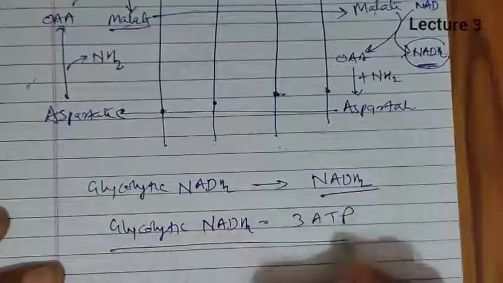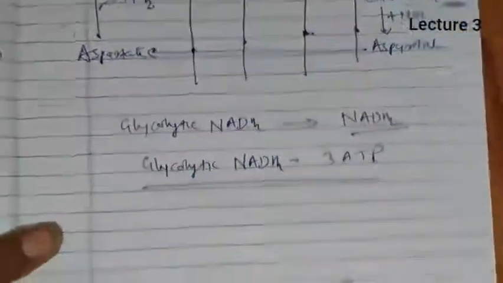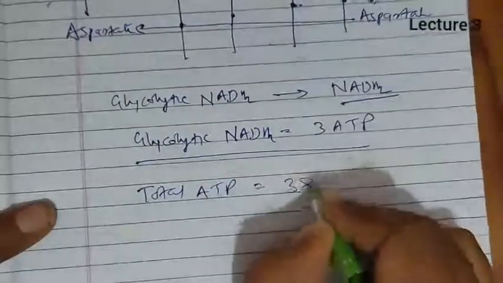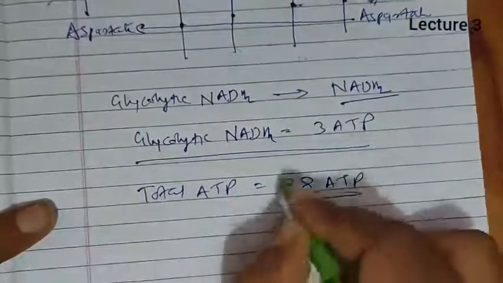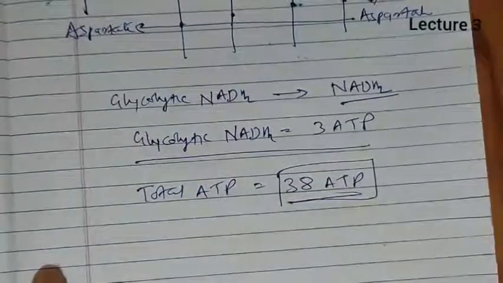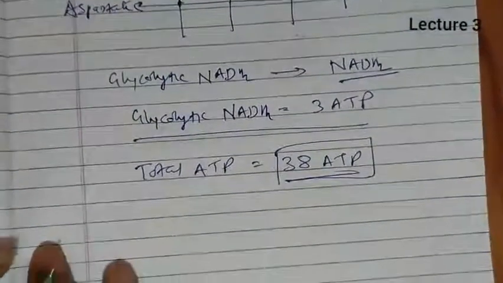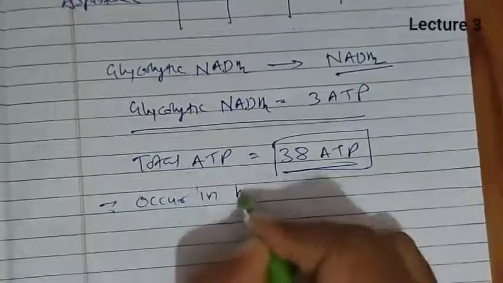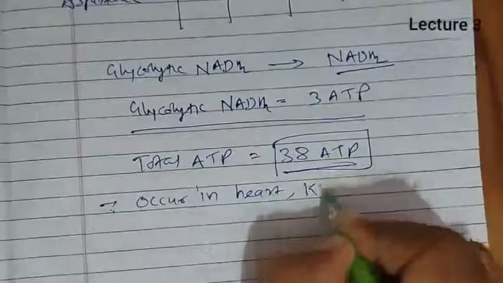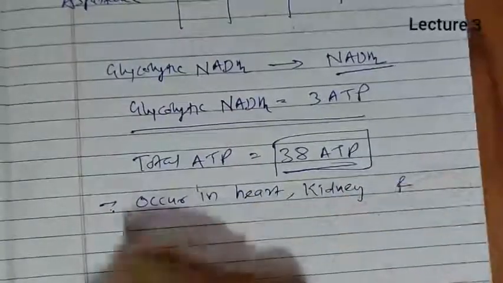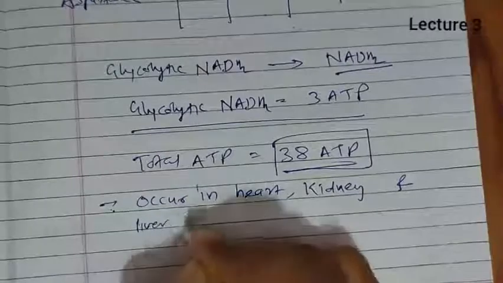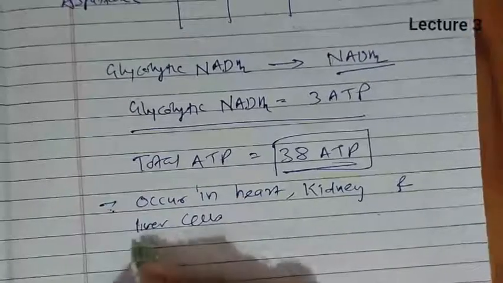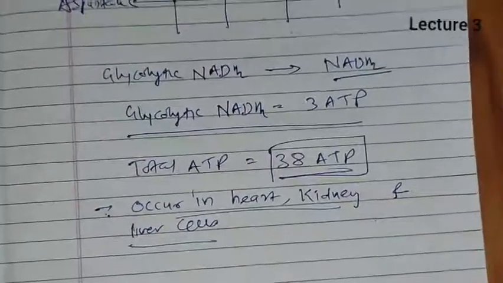And when we consider glycolytic NADH2 equal to 3 ATP, the total calculation is 38 ATP from one glucose molecule. Okay, so this is the thing. This malate aspartate shuttle occurs in heart, kidney and liver cells, and 38 ATP are obtained.